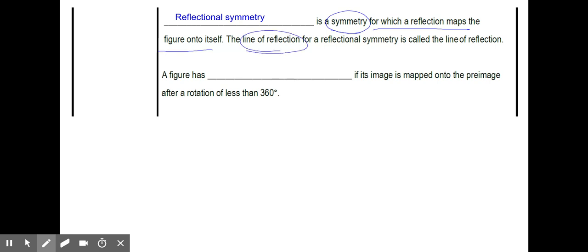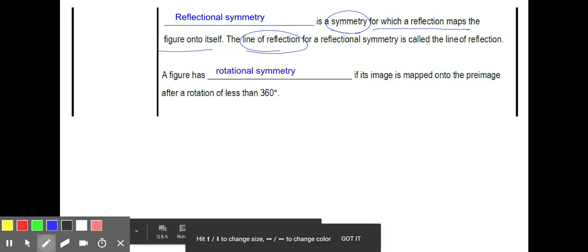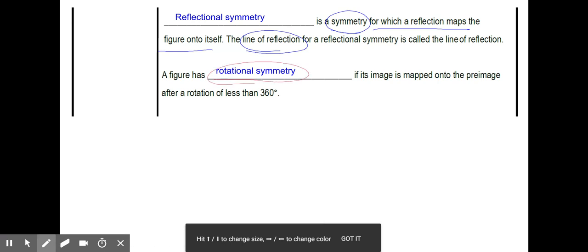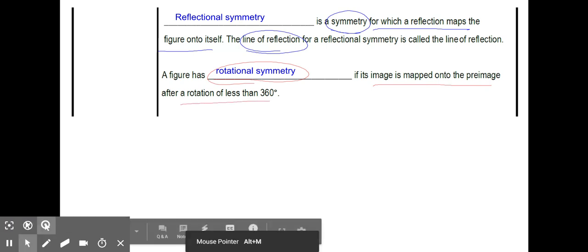A figure has rotational symmetry if an image is mapped upon the pre-image, so the original image, after a rotation of less than 360 degrees.